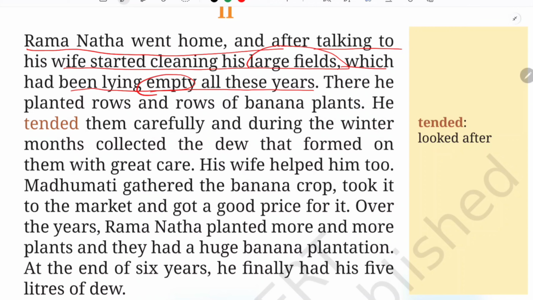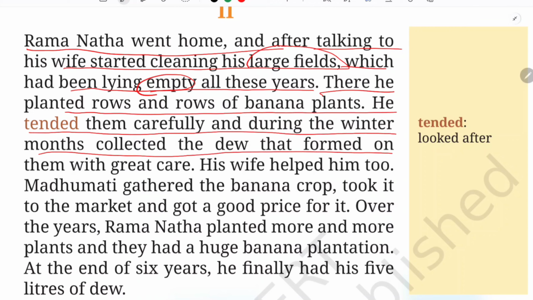They started cleaning their empty fields. There he planted rows and rows of banana plants. He tended them carefully during the winter months, collected the dew that formed on them with great care. See, tended means looking after, taking care of those banana plants. He looked after them very carefully, and during the winter season he carefully collected all the dew.